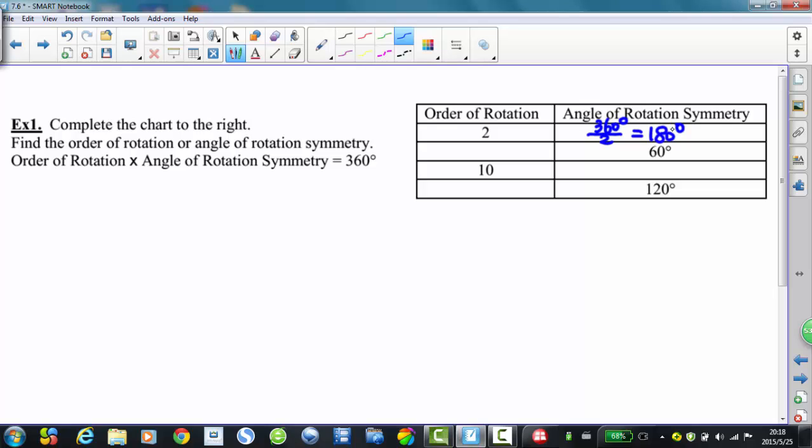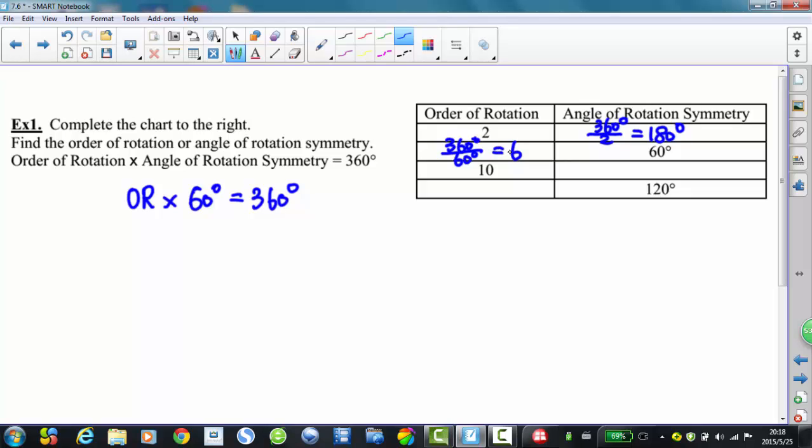If I have the angle of rotational symmetry, which is 60 degrees, I want to find the order of rotation. I will use the order of rotation times 60 degrees equals 360. To find the order of rotation, I use 360 degrees divided by 60 degrees. So this one has order of rotation 6.